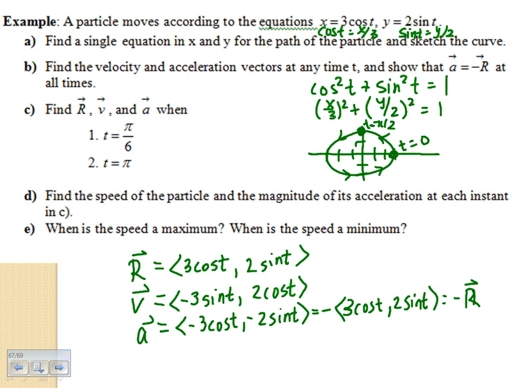All right. So now it says find the r, v, and a vectors when you have time of pi over 6 and time of pi. So basically, we're just going to plug in pi over 6 for what value?